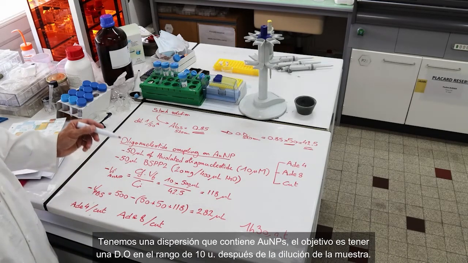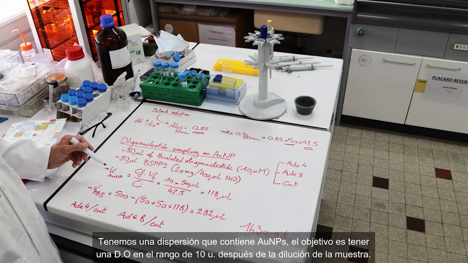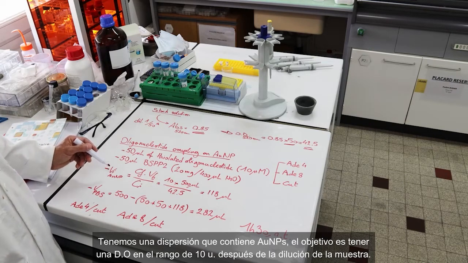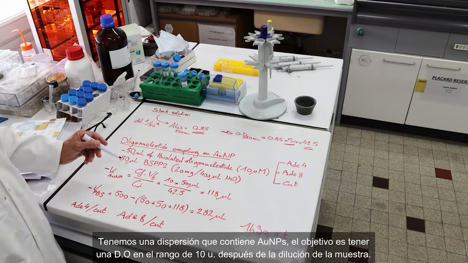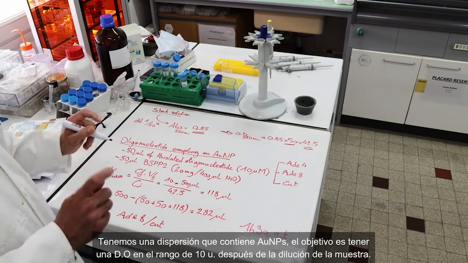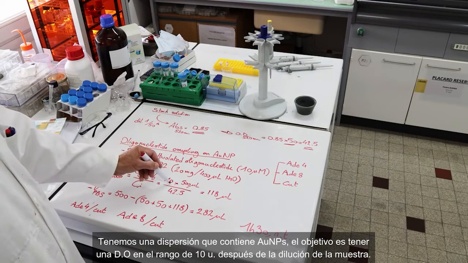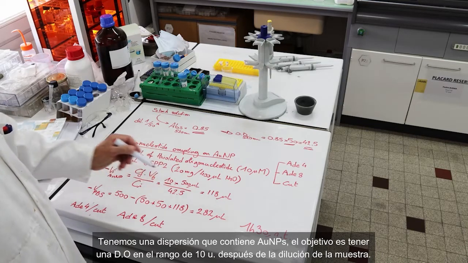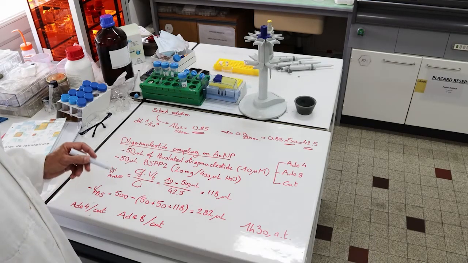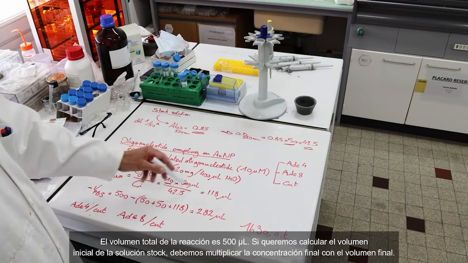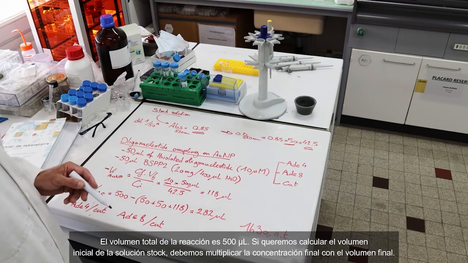Then we'll add the solution containing the gold nanoparticles. The objective is to have a potential optical density in the range of 10 after dilution in the sample. The total volume for the reaction is 500 microliters.